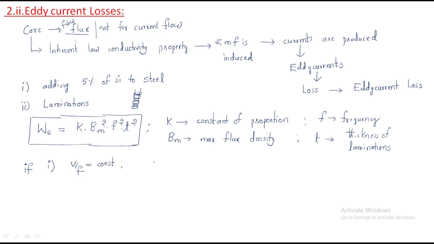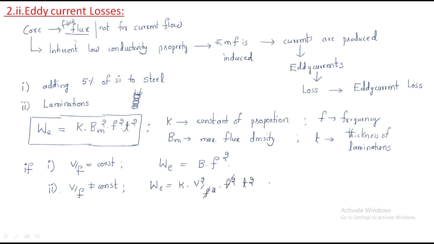Then the eddy current loss is proportional to F square, since K, B max and T are constant. And if V by F is not equal to constant, then the eddy current loss is K into V square by F square into T square.